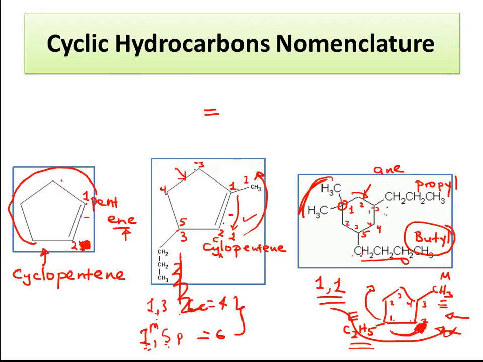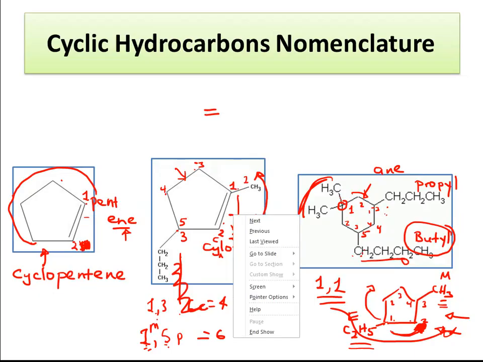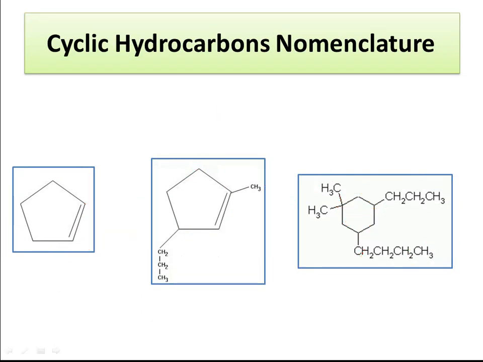Right, okay, so let's take our time a bit to name these properly before we close this session and come back to do skill practice activities. We say that this one here is a cyclopentene. We don't need to state the position of the double bond. This one here, we say this is going to be our carbon number 1, carbon number 2, carbon number 3.